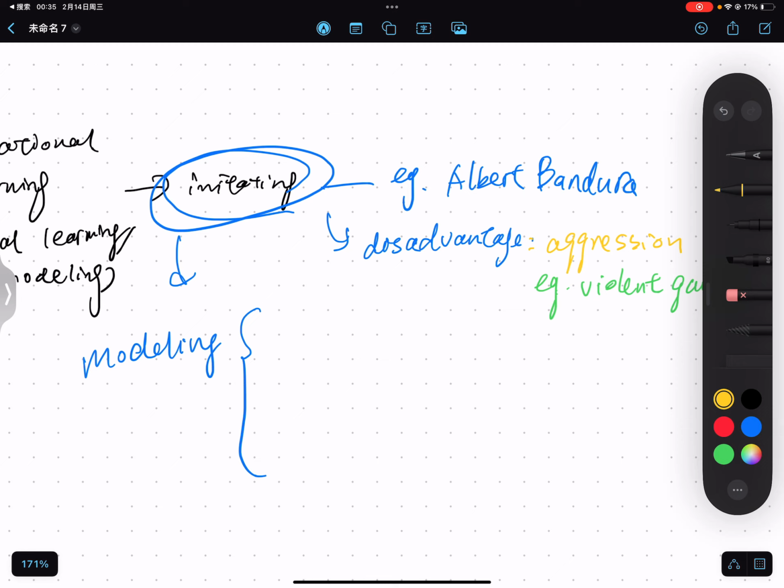So Bandura said modeling has 4 steps. First is attention. You should pay attention to what they do, and second, retention. You should remember the behavior. Third is reproduction. Just do the same things, and final is motivation. You have an aim and a reason why you need to do that.